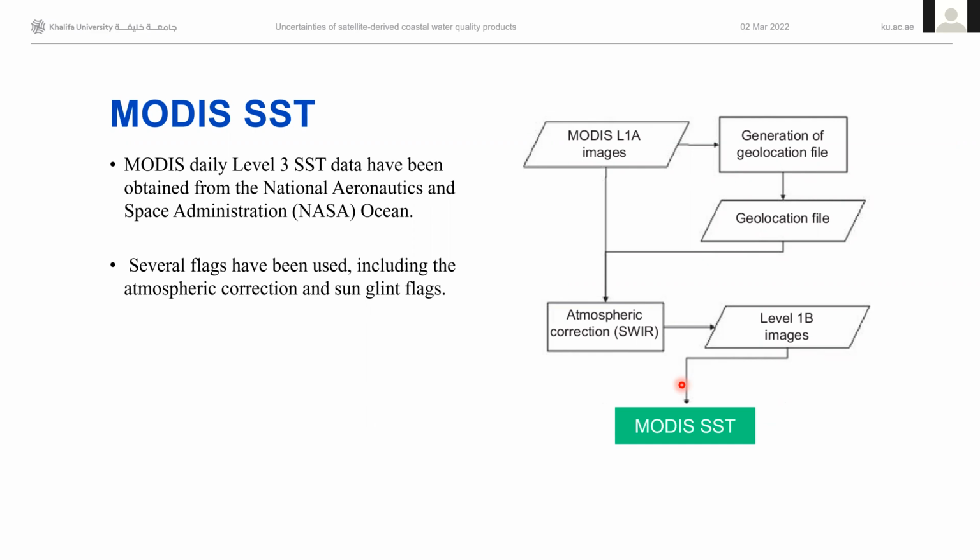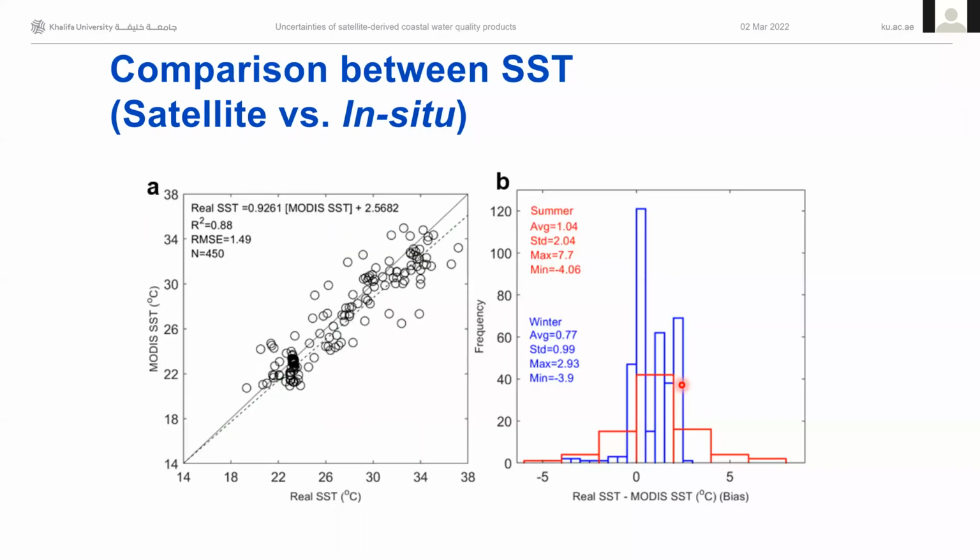So we try to compare MODIS SST with the NC2 SST, and here you can see the matchup between MODIS SST and real SST. The total observation is 450, and R square is 0.88. So if you think about it, R square from the statistic point of view is very high, close to 0.9.